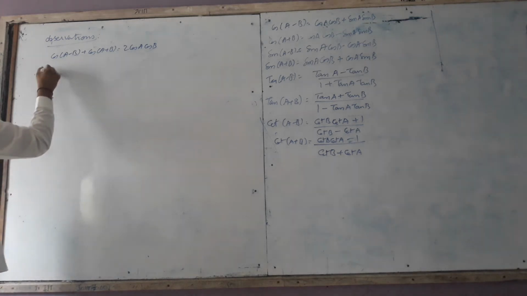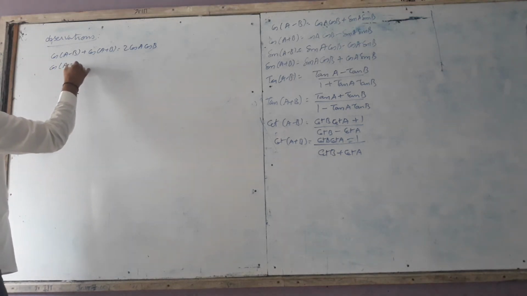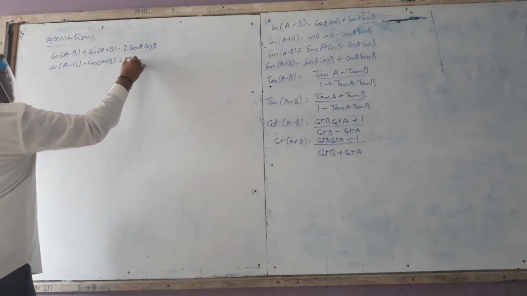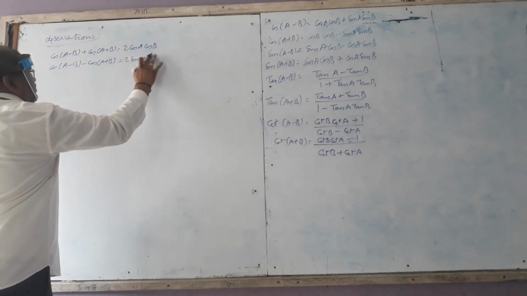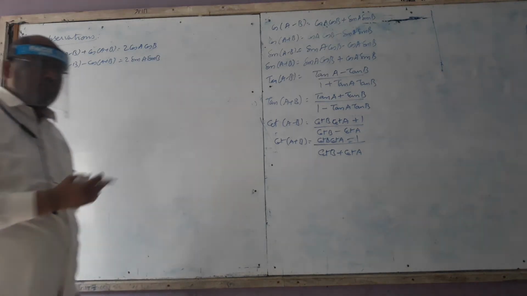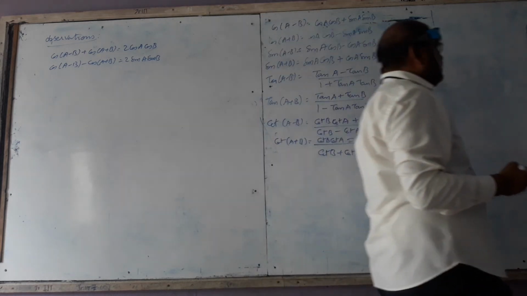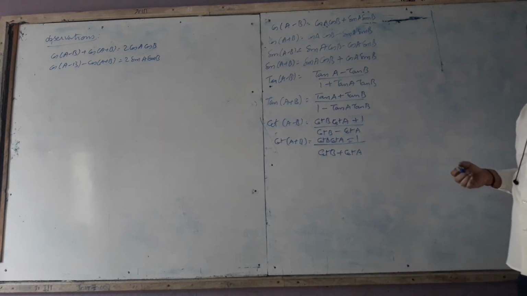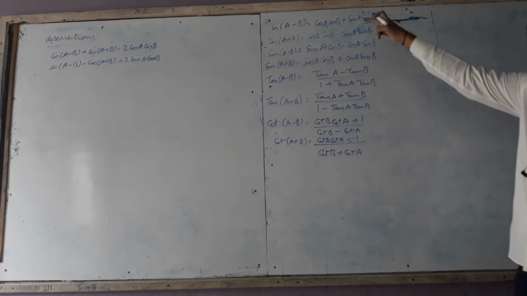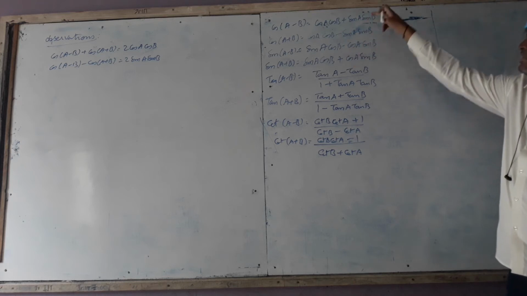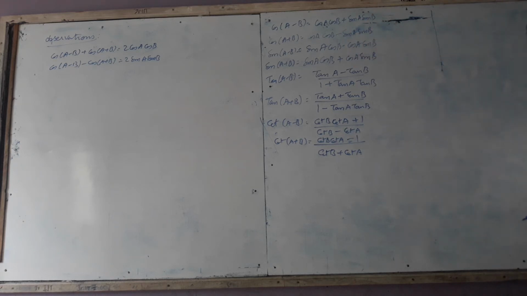Same, if you subtract cos of A minus B minus cos of A plus B, 2 sin A sin B will come. If you add, the second term vanishes and the sum of first terms is 2 cos A cos B. If you subtract, the first term vanishes and 2 sin A sin B will come.